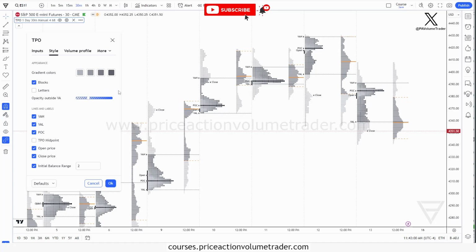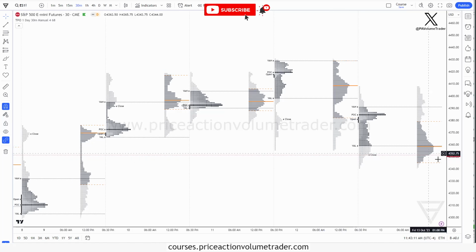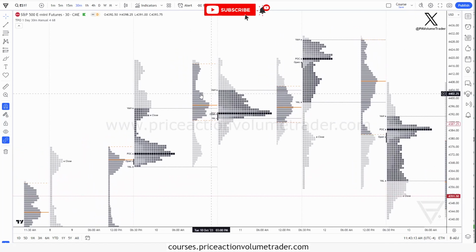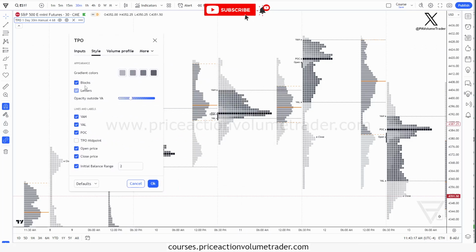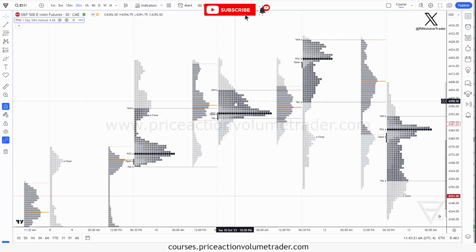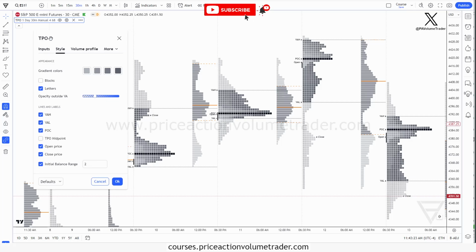Now, market profile, there's two ways to look at it. You can display it as blocks as we have here, or you can display it as letters. I think they're still probably working on the letter settings, because I tried to switch to letters, but nothing seems to be happening. So I think this is something that they're still developing.